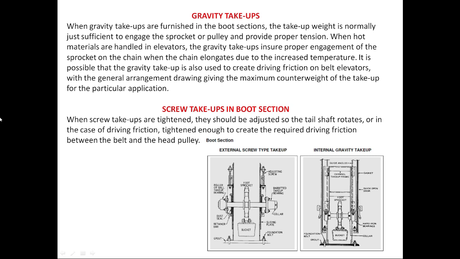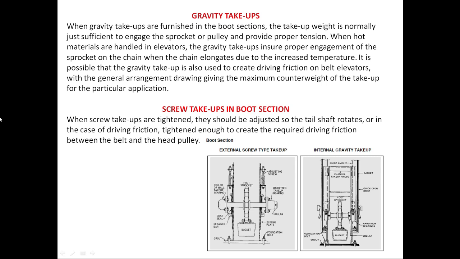First, when gravity take-ups are furnished in the boot sections, the take-up weight is normally just sufficient to engage the sprocket or pulley and provide proper tension. When hot materials are handled in elevators, the gravity take-ups ensure proper engagement of the sprocket on the chain when the chain elongates with the increased temperature.